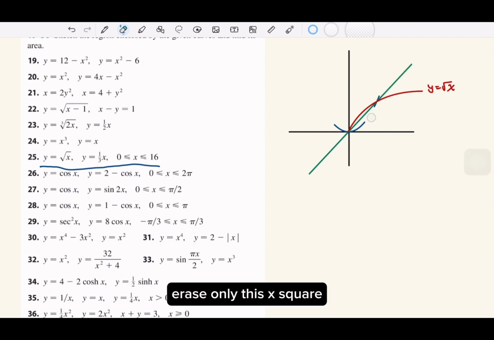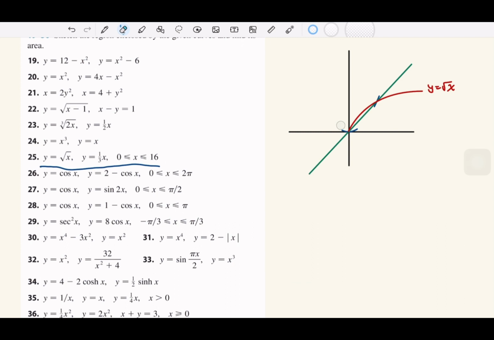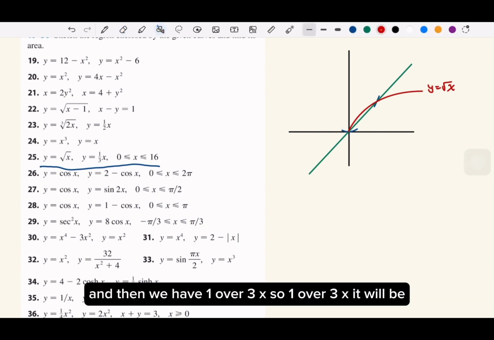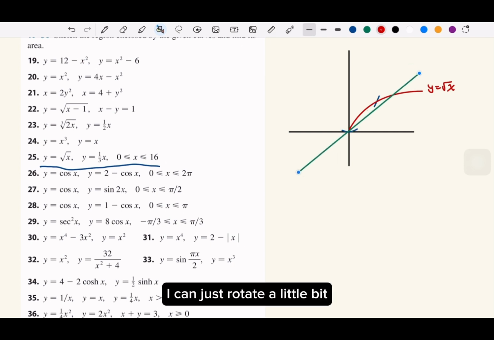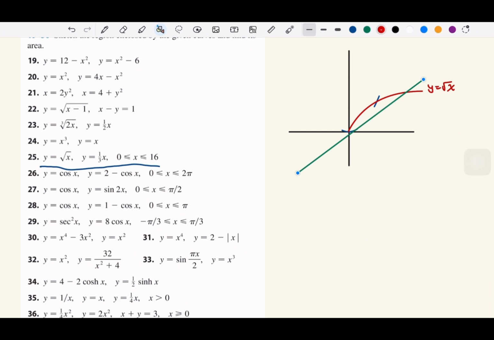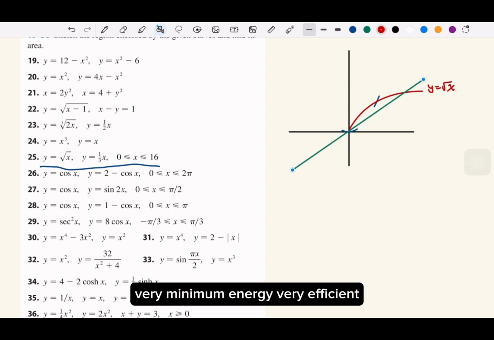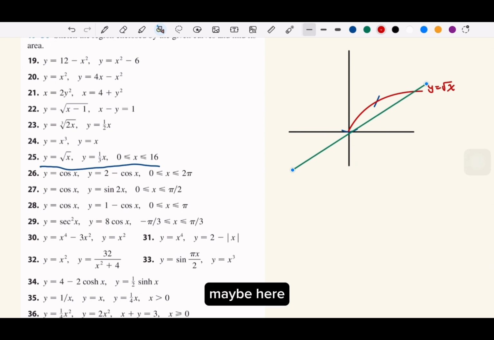Erase only this x squared. And then we have 1 over 3x. So 1 over 3x, it will be, maybe I can just rotate a little bit, right? Very minimum energy, very efficient. Maybe here.